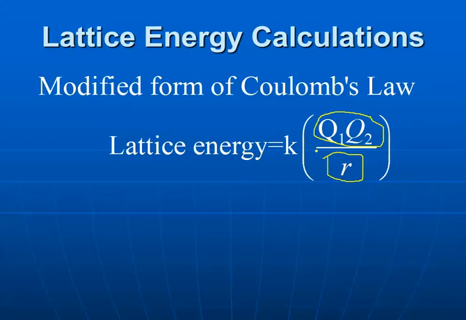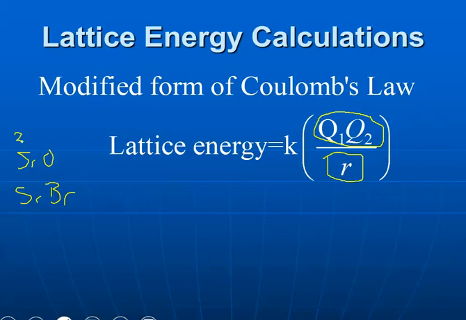So those are a couple of things we need to keep in mind if we look at a situation like this where we have SrO and SrBr2, and we are asked to tell which of these compounds would have the greater lattice energy. The first thing you want to do is look at the charges of these ions.